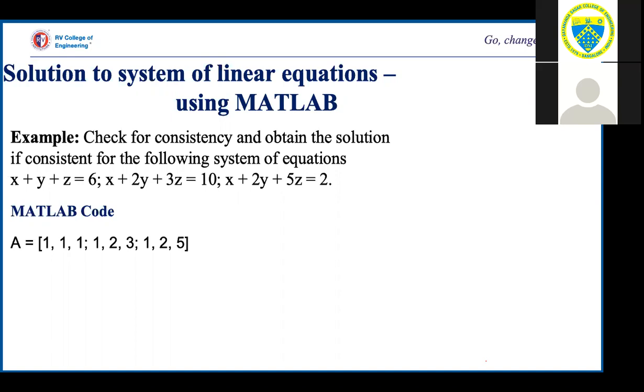Hope this notation is clear. Next, let us give the RHS B equal to 6, 10 and 2. It's a column vector separated by semicolon.